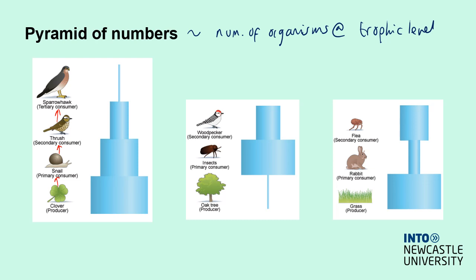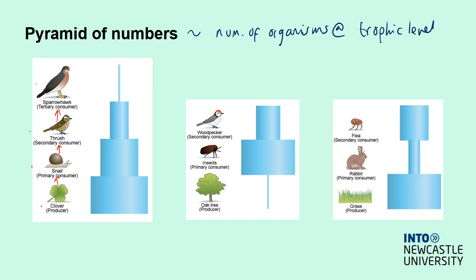So the producer is clover, primary consumer is snail, thrush eats the snail, and sparrowhawk eats the thrush. And what we know with the pyramid of numbers is you have got lots of clover eaten by some snails, you've got fewer thrush and very low numbers of sparrowhawks.